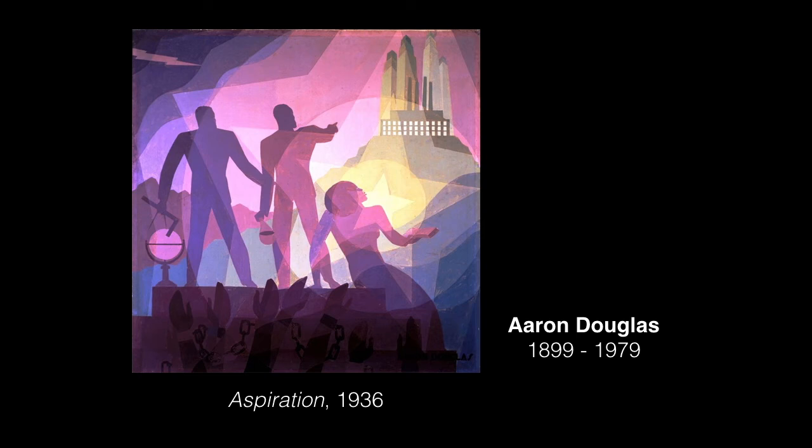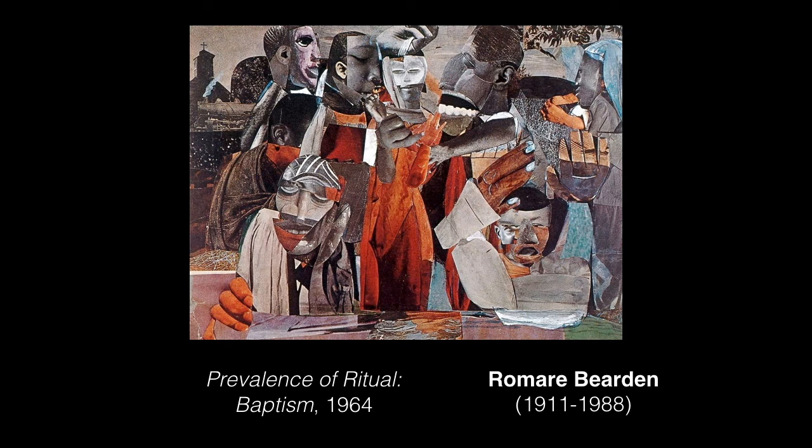An artist who took a more critical or reflective approach to the idea of the African American experience is the artist Romare Bearden, who was a generation after the Harlem Renaissance, but in the middle of the civil rights movement and the struggle.